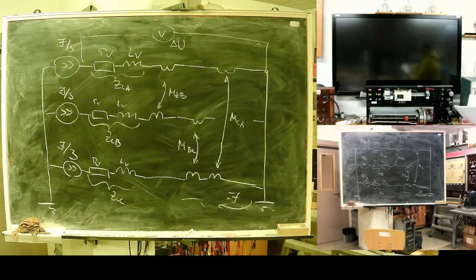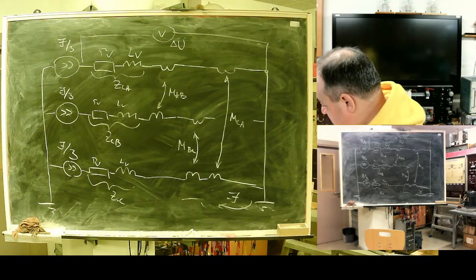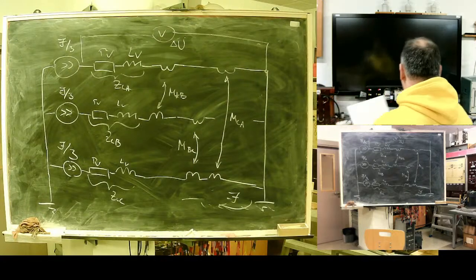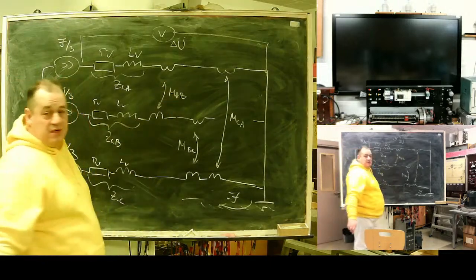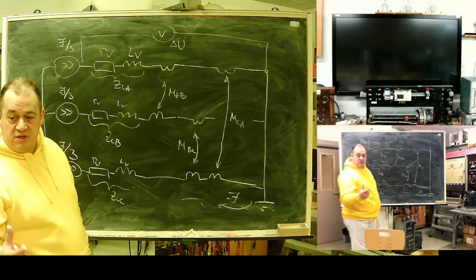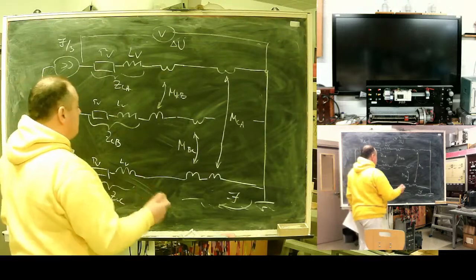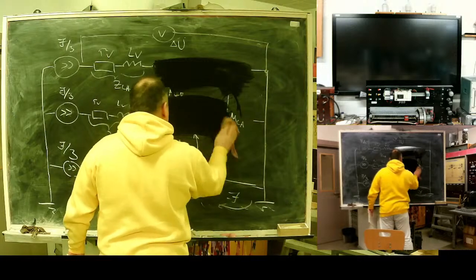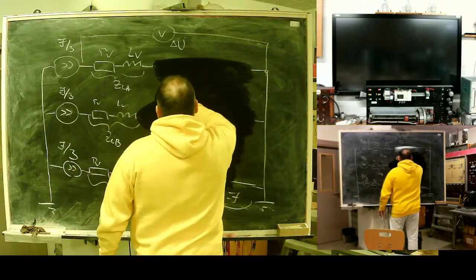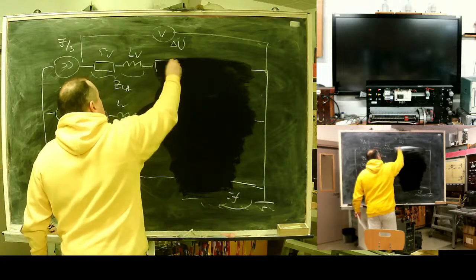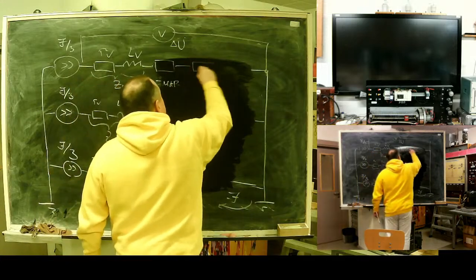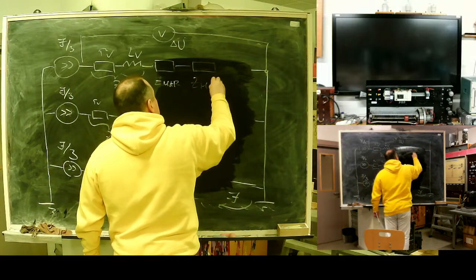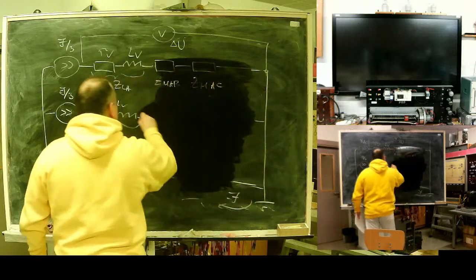and move to our couplings between phase. How can I deal with these couplings? AB, AC, yeah? What will be here?